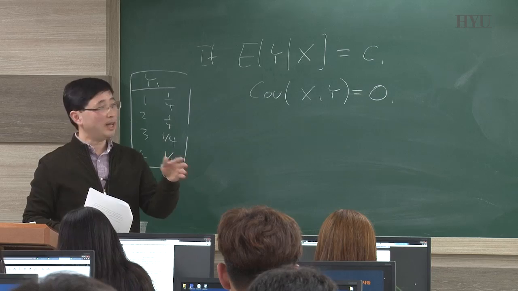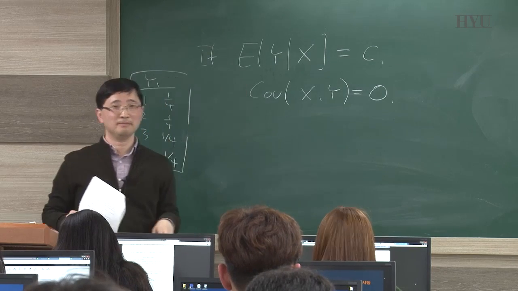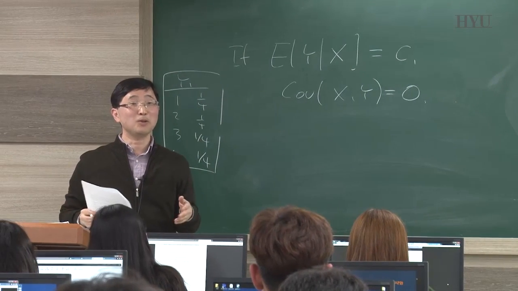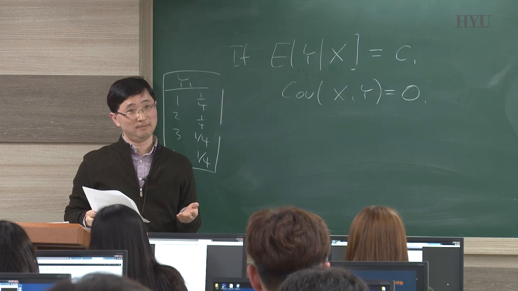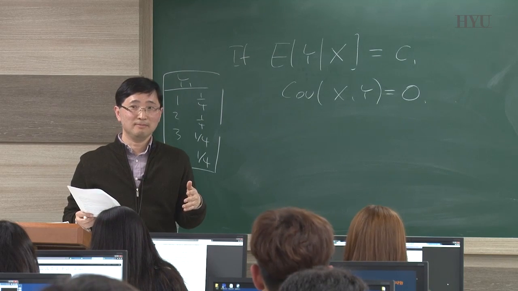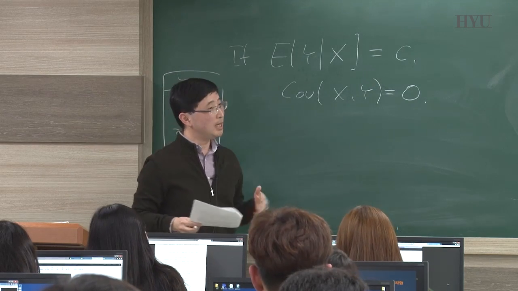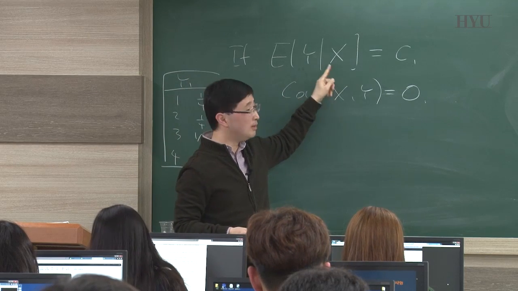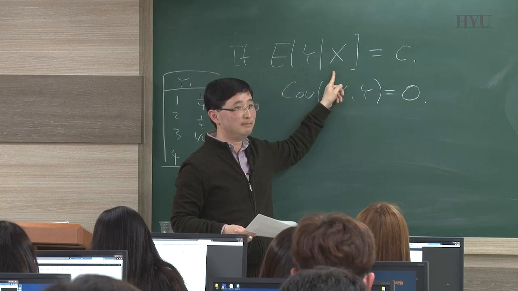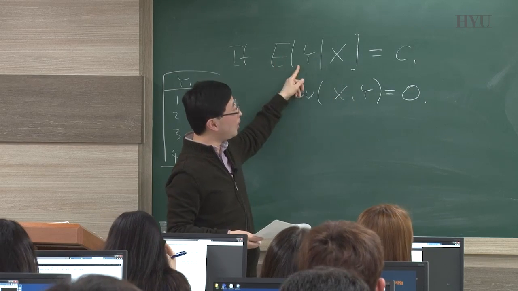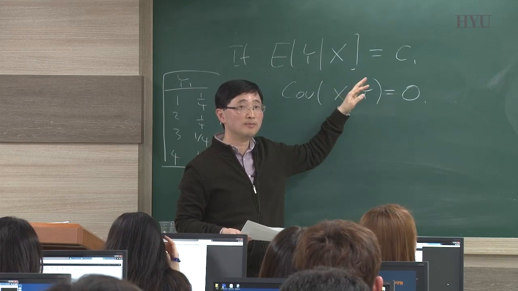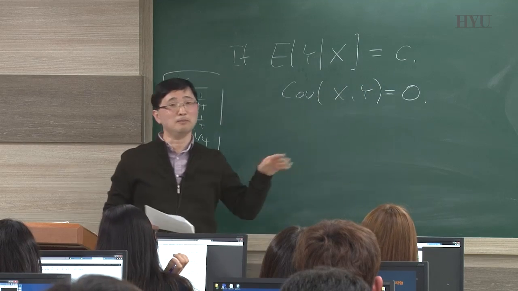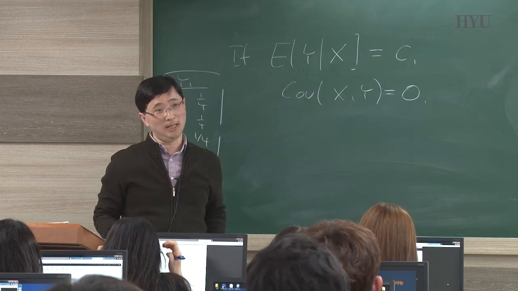It appears that the conditional mean says something about covariance, how they're related. So again, what this statement says is, if the conditional mean does not depend on the conditioning variable, again, it can depend on y but not on x, then x and y must be uncorrelated.